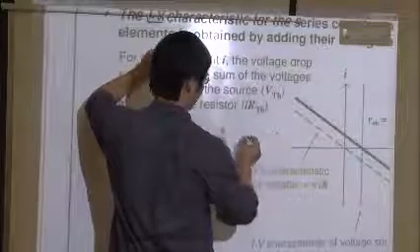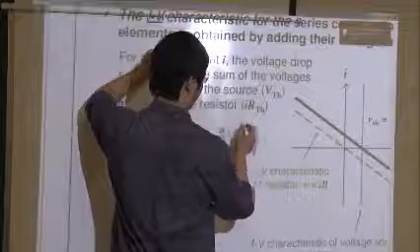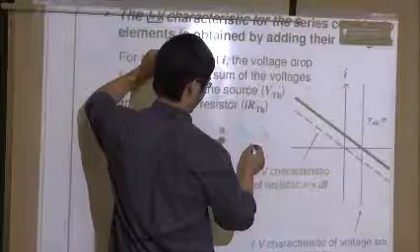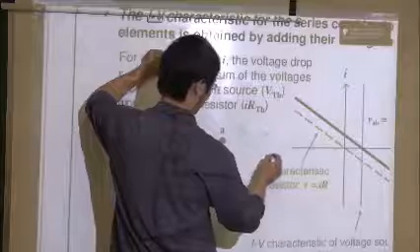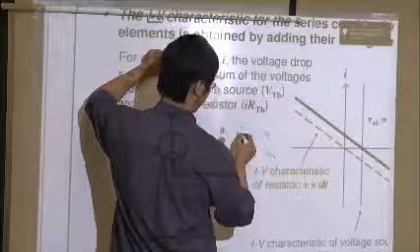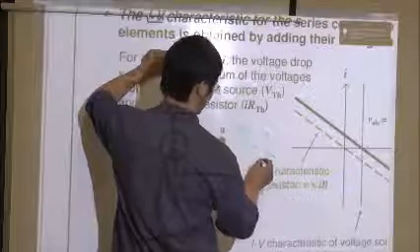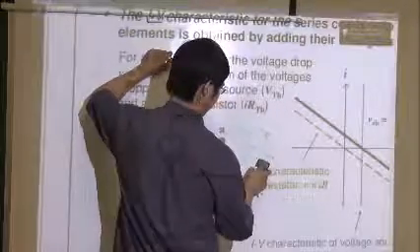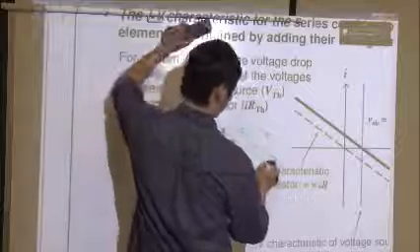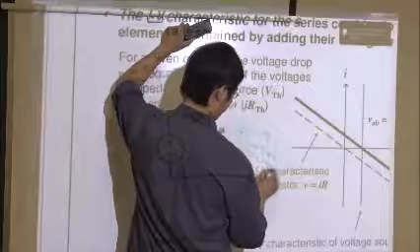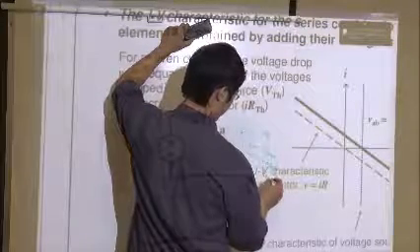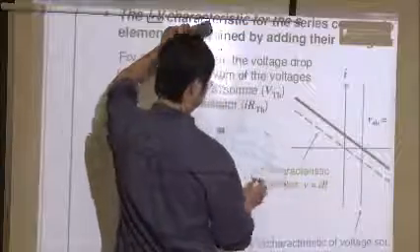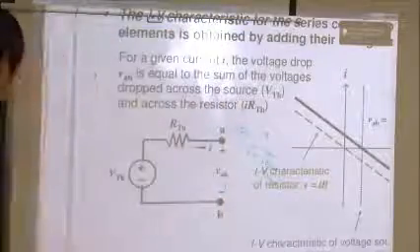Because we already found VTH is the open circuit voltage, you can find RTH as your open circuit voltage divided by your short circuit current. So that's very simple.